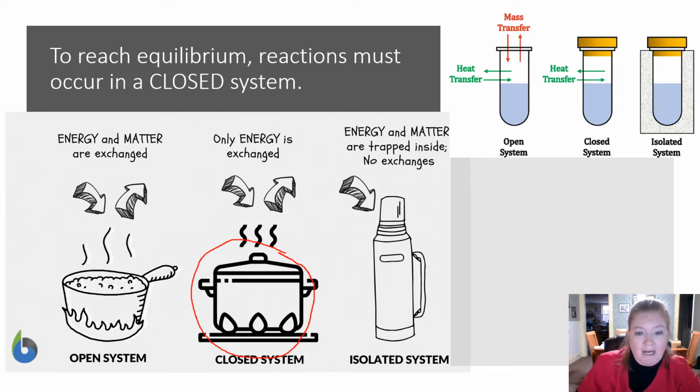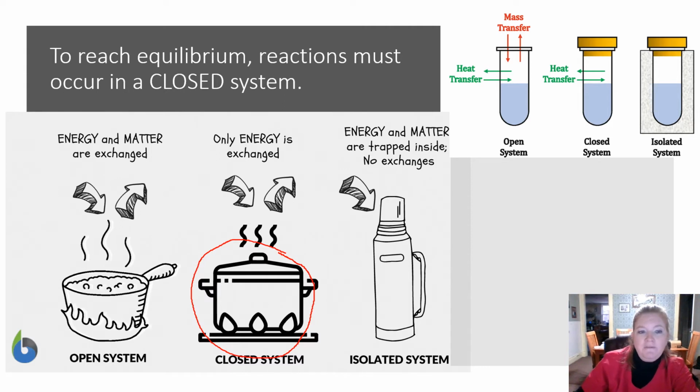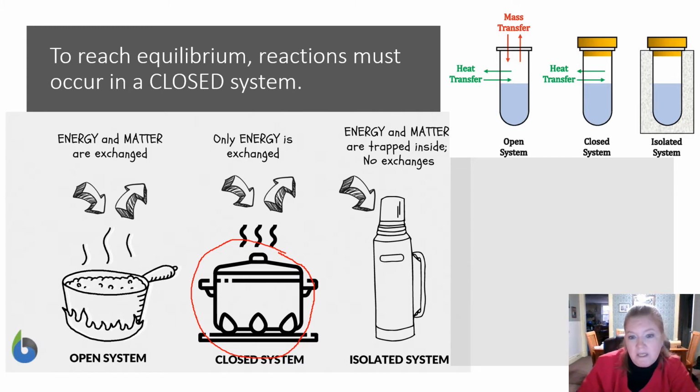We can have an isolated system, like a thermos, which tries to keep the energy inside also. It's insulated. If we have an open system, we have stuff escaping. Anything that's a gas can just leave, so that cannot reach equilibrium. In order to reach equilibrium, we need to close the system.